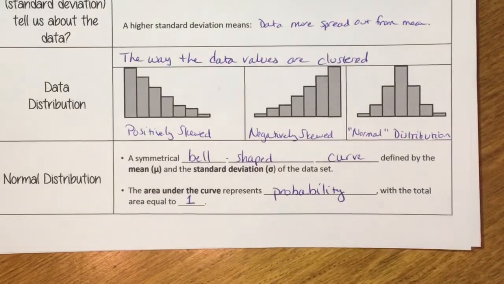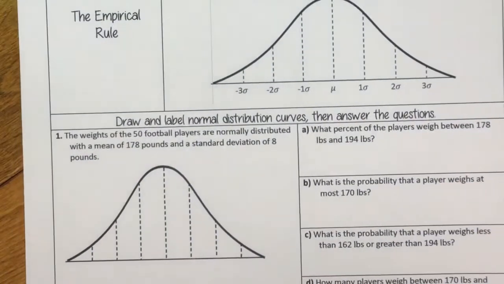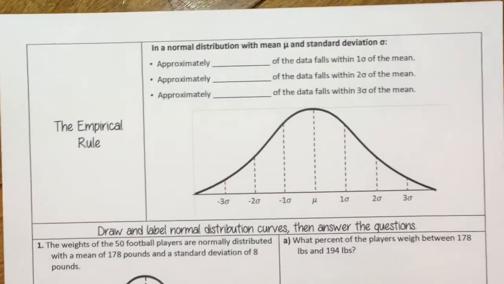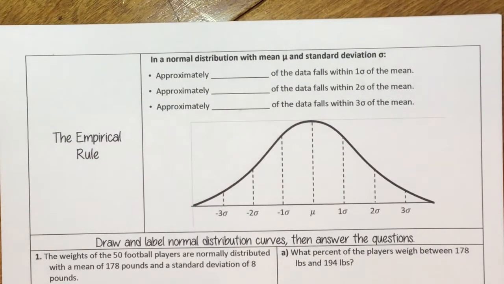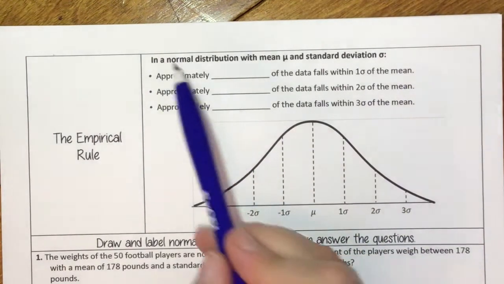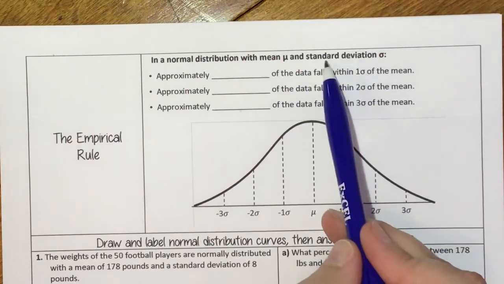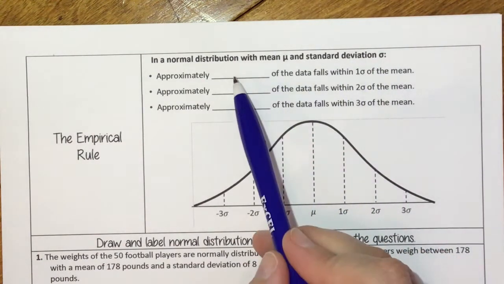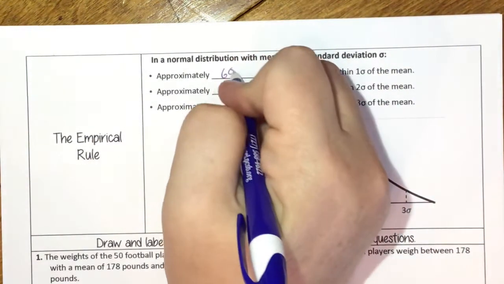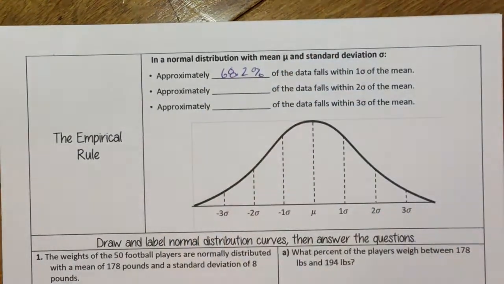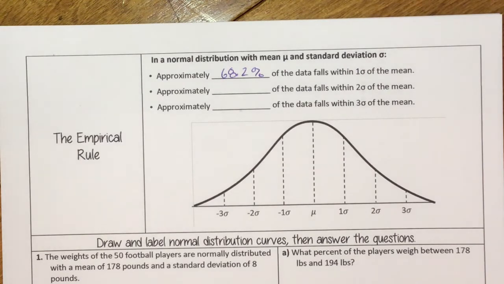All right, let's get into more specifics about this normal distribution. The way that data is distributed inside that normal curve follows what we call the empirical rule. The empirical rule tells us in a normal distribution with a mean called mu and a standard deviation called sigma, approximately 68.2% of the data falls within 1 sigma of the mean.